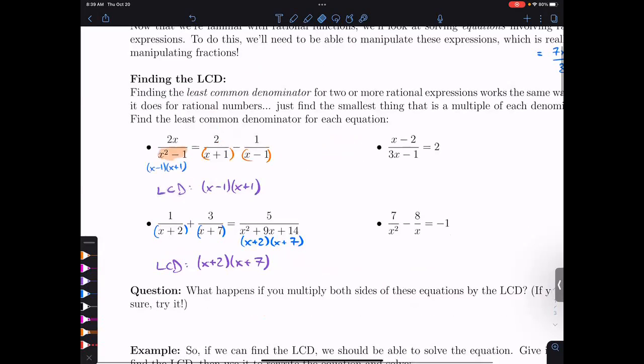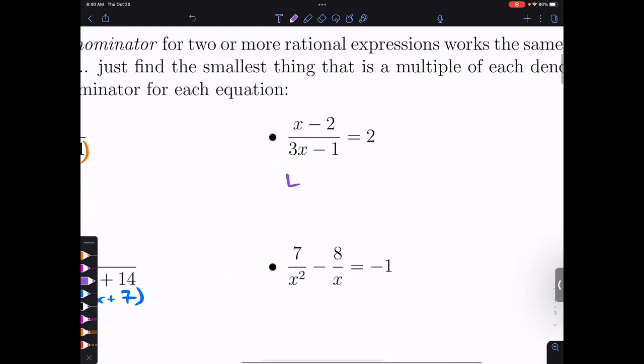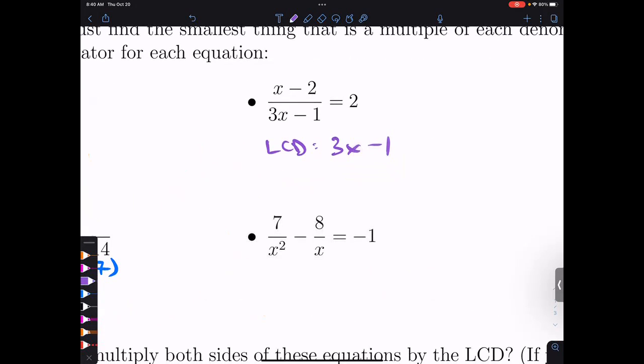Okay. This one we already talked about, but the LCD would just be 3x minus 1 because that's the only thing that's there. What about that last one? The smallest thing that x squared and x and 1 all go into.